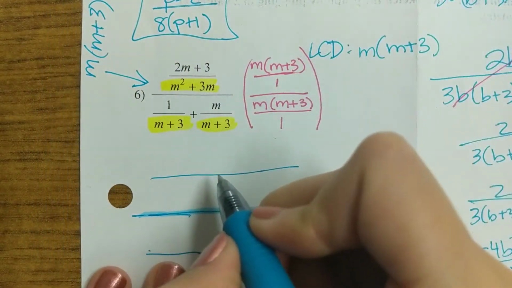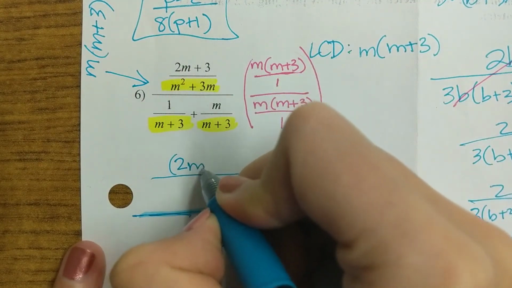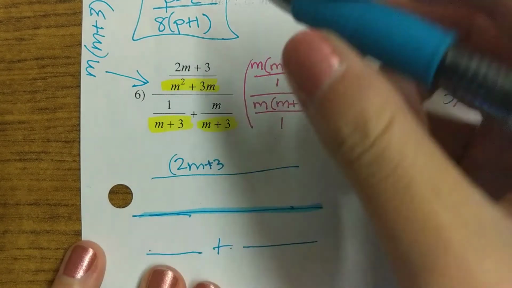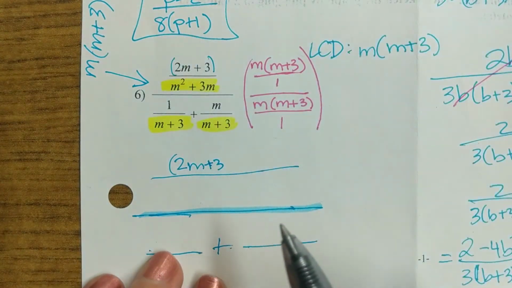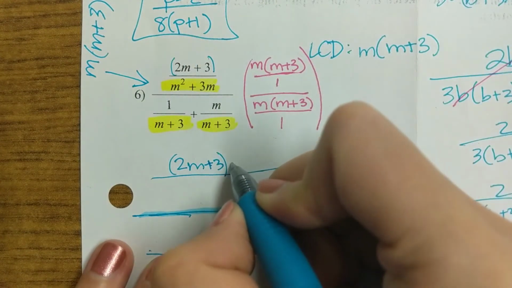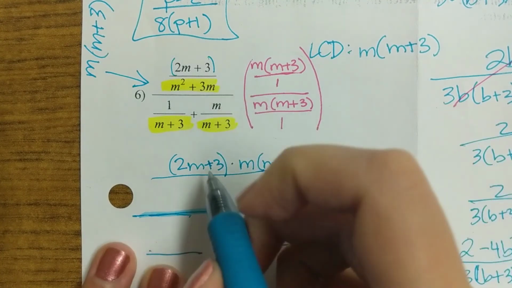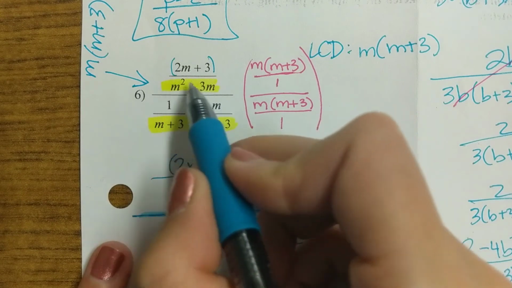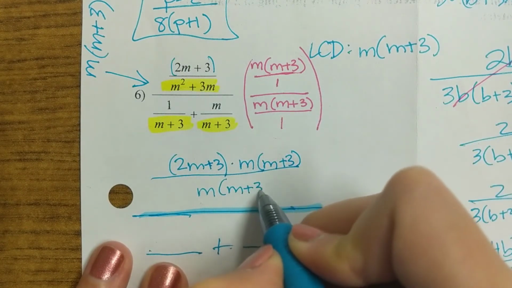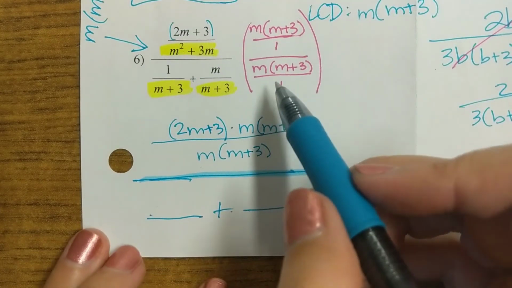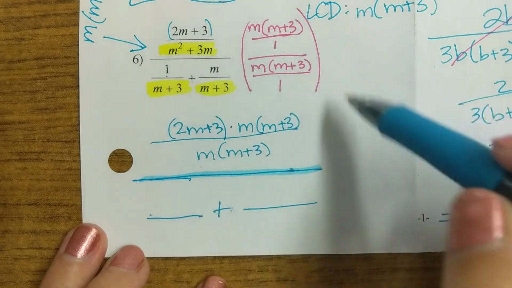All right, so we have one fraction on top. It's going to be 2m plus 3. So anytime you have multiple things in a numerator or a denominator and you're multiplying, make sure you group those. And then I'm going to say times m plus 3 over, and then write this in its factored form, m times m plus 3. All right, this fraction, I'm going to distribute this to that piece, right?